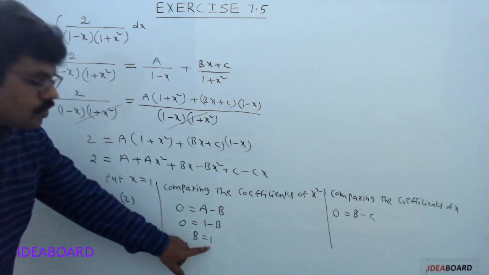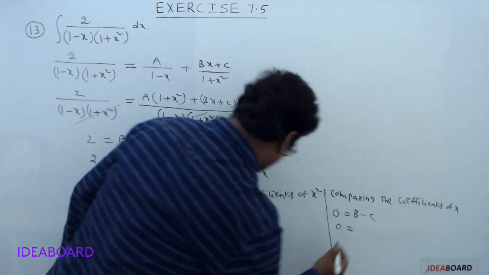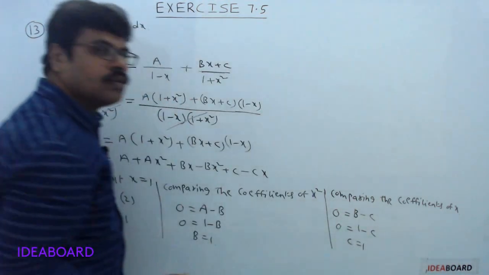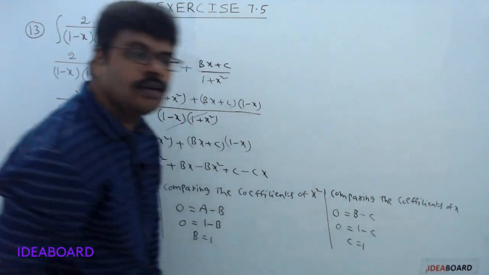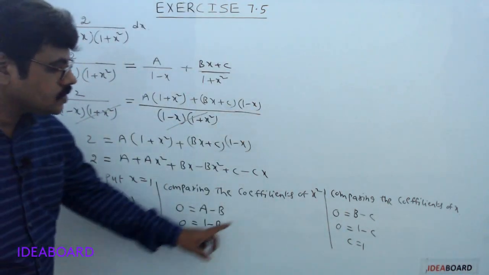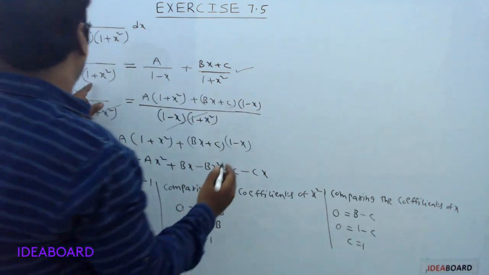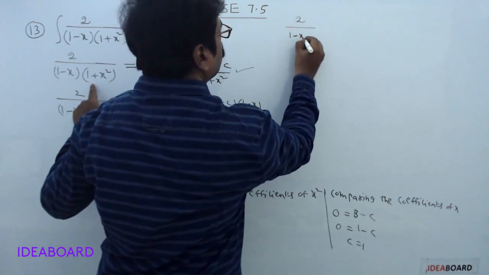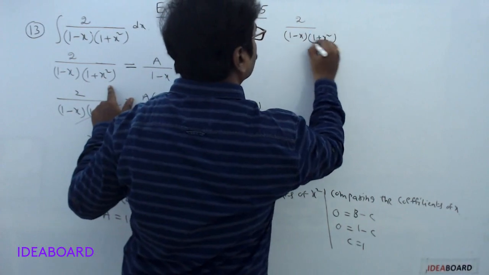What is your b value? 1. Write down b value in this equation. Now, 0 equals 1 minus c. So, c is 1. A value 1, b value 1, c value 1. Substitute these three values in this equation. So, it is 2 divided by 1 minus x into 1 plus x square.